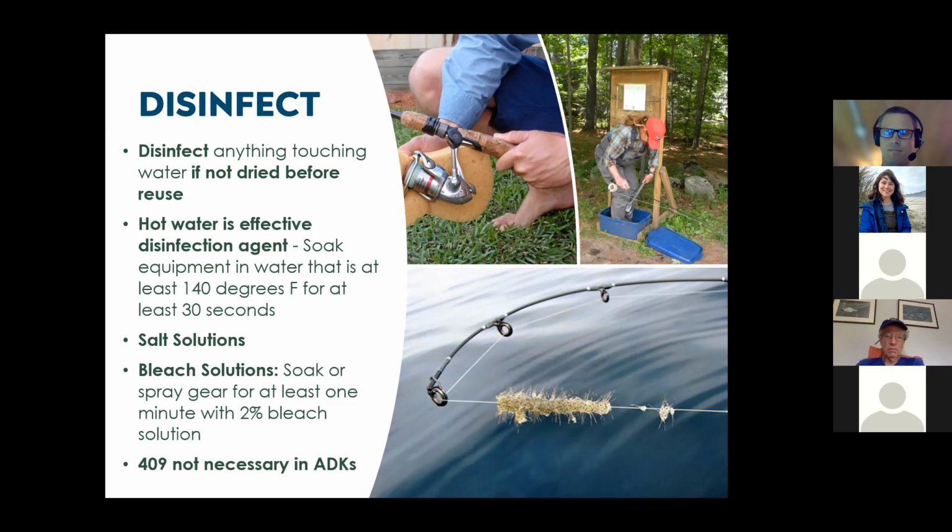Bleach solutions, I can give you information about making a bleach solution, and using 409 is not necessary in our area. That's about fish diseases that are primarily on the West Coast of the United States, and we don't want to leave that soap residue in our water. So salt solution, use those hot water boat wash stations, know before you go and know where the nearest one is to you. Next, please.